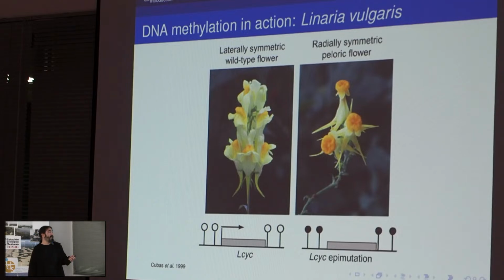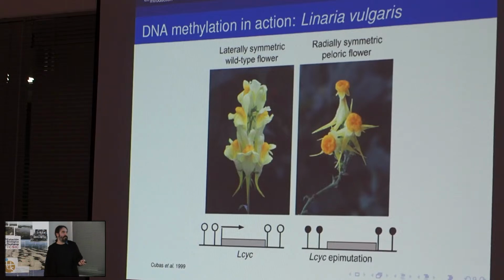For example, in Linaria vulgaris, we have this flower type and morphology with bilateral symmetry. Apparently this is due to a gene that is involved in flower morphology, Lcyc, that when it stays unmethylated, with the promoter unmethylated, we get the wild type flower morphology.